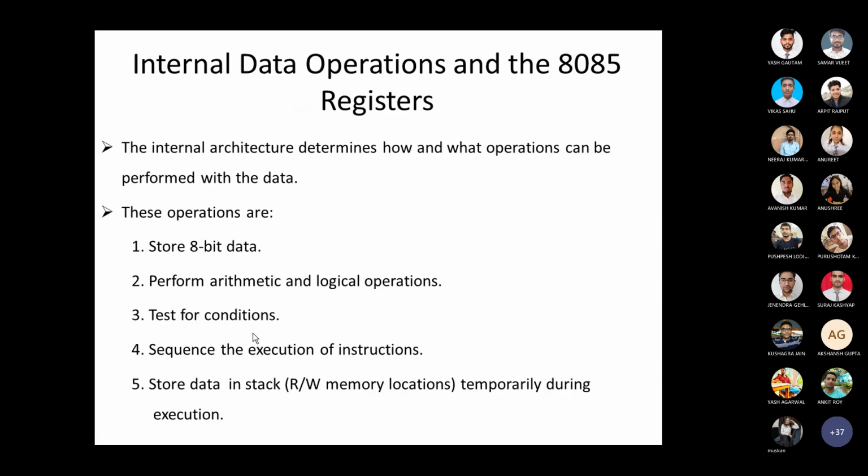So internal data operations and the 8085 registers, two types of registers are there. You can see one resistor which is used in Ohm's law, R-E-S-I-S-T-O-R, and this is register.